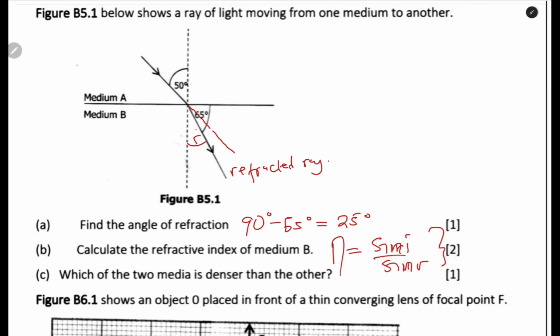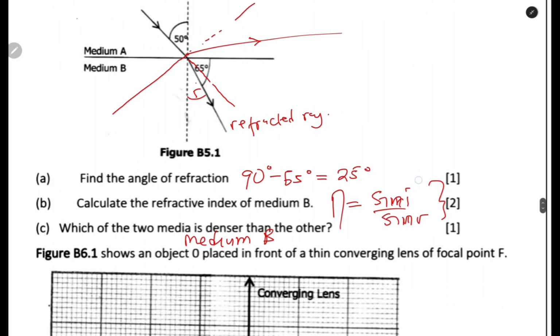This is only when the ray of light is moving from a less dense medium to a dense medium, and therefore the dense medium is B. But the other way around, if it is moving from a dense medium to a less dense medium, instead of coming out in the straight path, it moves away from the normal. So we can say medium B.